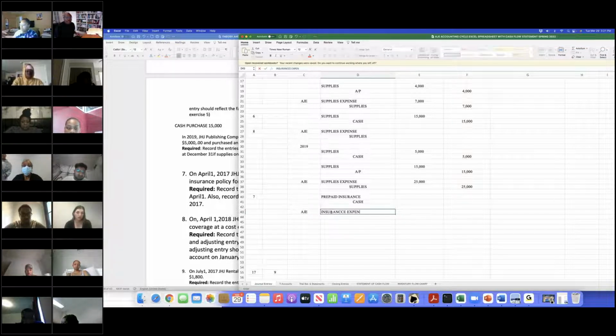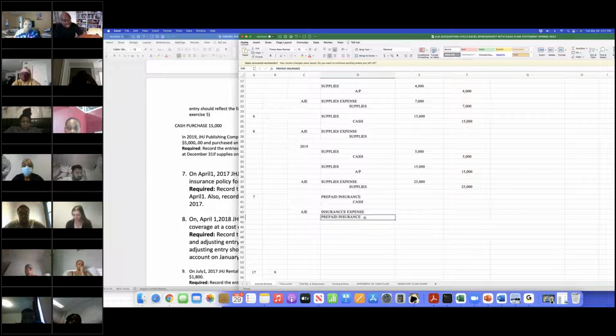That's correct. So this is how the entries look. So on adjusting entries, the accounts always stay the same. You just got to calculate the amount.